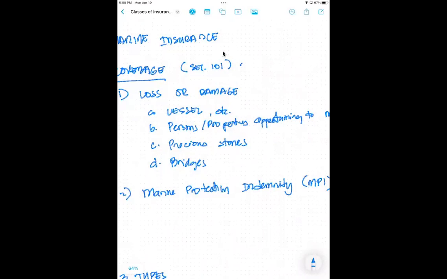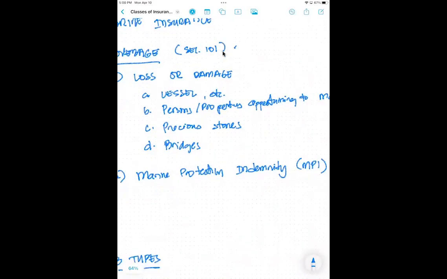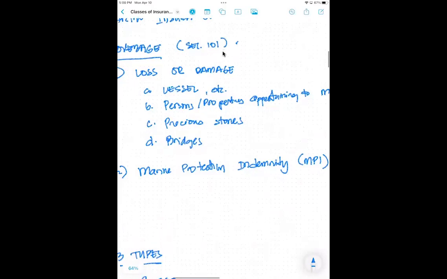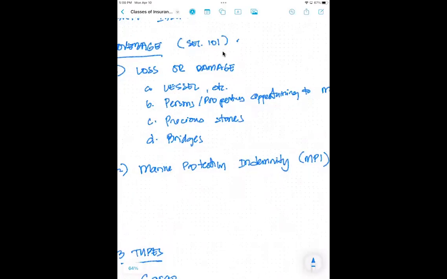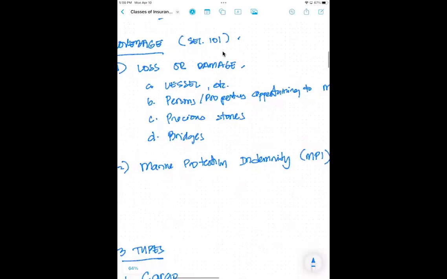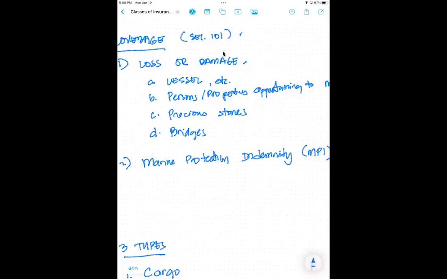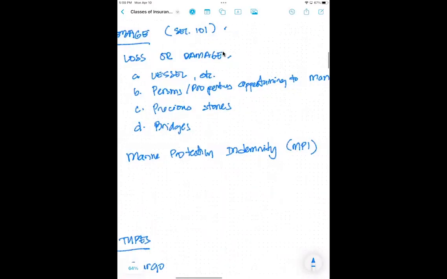If we are to summarize section 101, you will see there are two major divisions of marine insurance. First is any loss or damage to the four paragraphs mentioned in the section. It's too long to read, so I hope you still have your code with you.